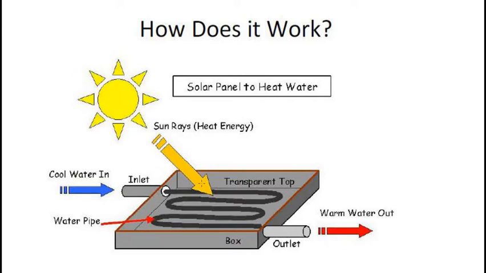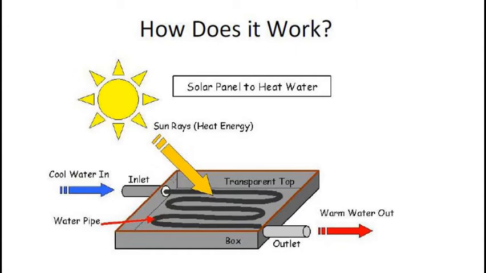And in an indirect water heater, a non-freezing liquid is used to transfer heat from the sun to the storage tank water, and the sun's thermal energy heats the fluid in the solar collectors.